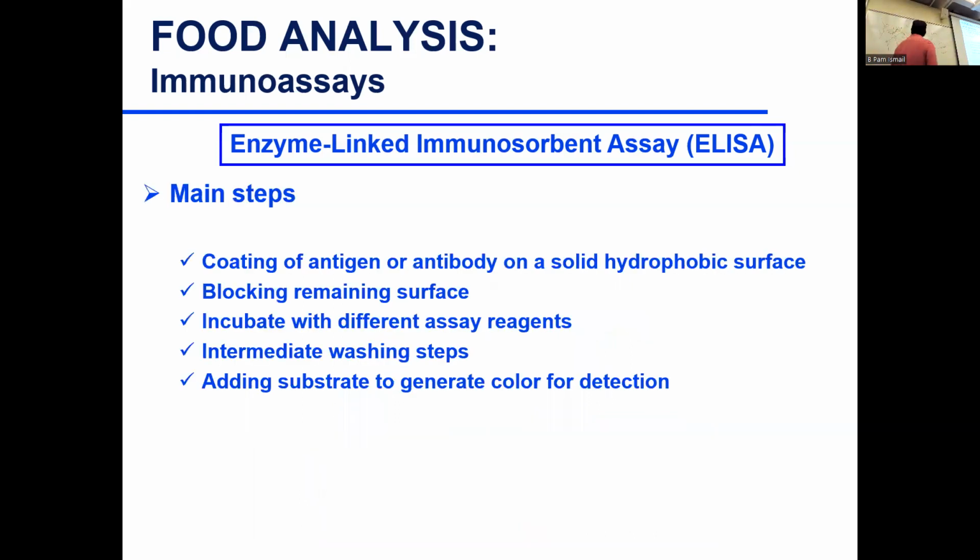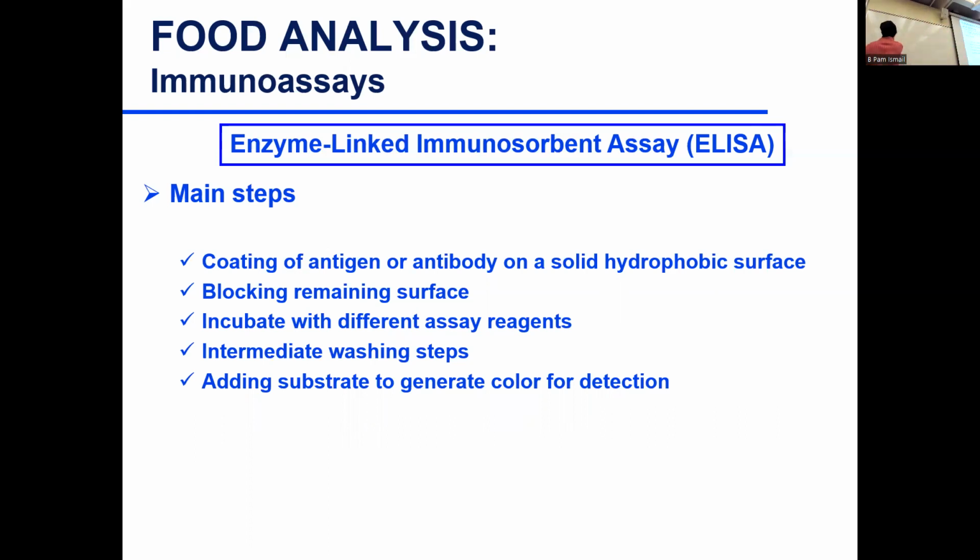Okay, so how do we do the assay? I'm going to draw all these steps visually so that you can see them, because we don't have a lab on this, but it's nice to visualize. So you have your microplate, you have wells.